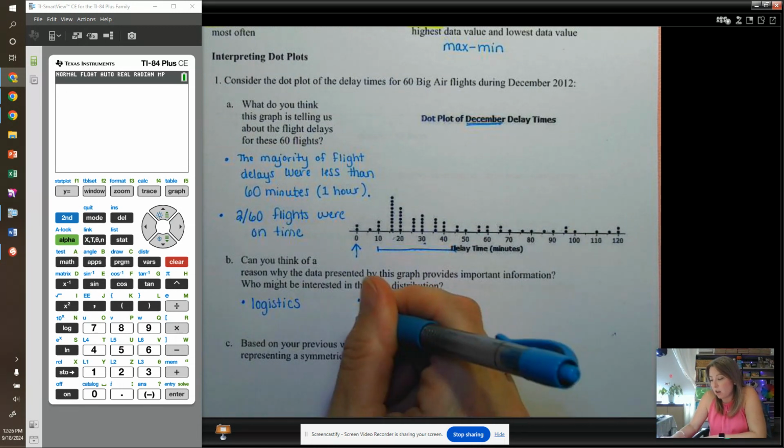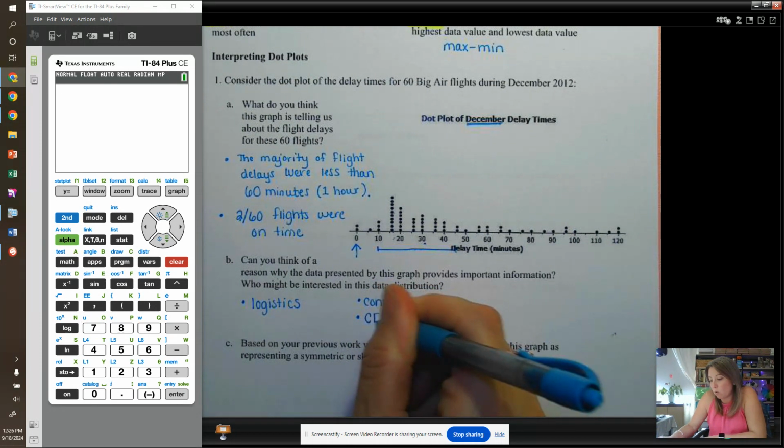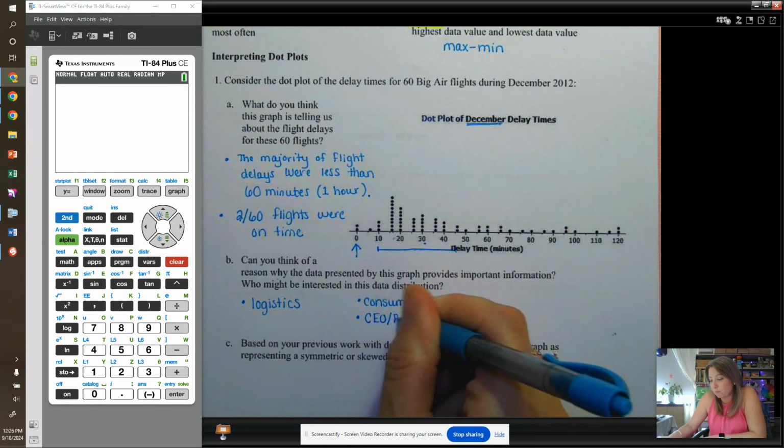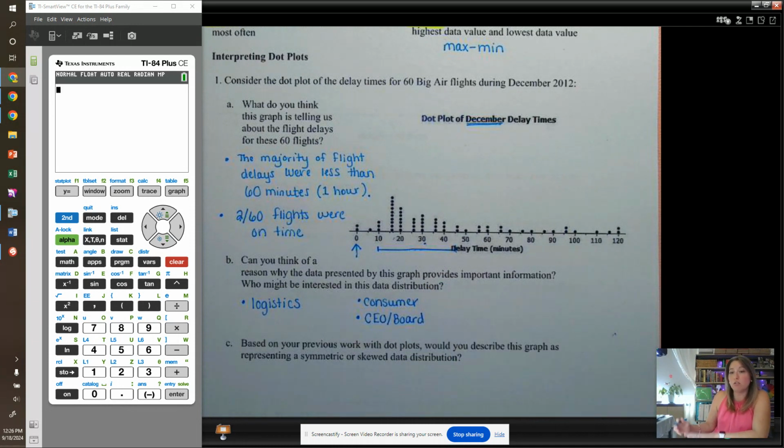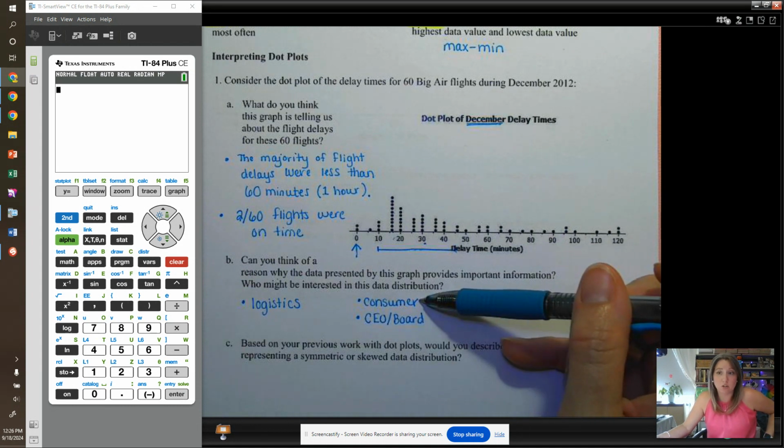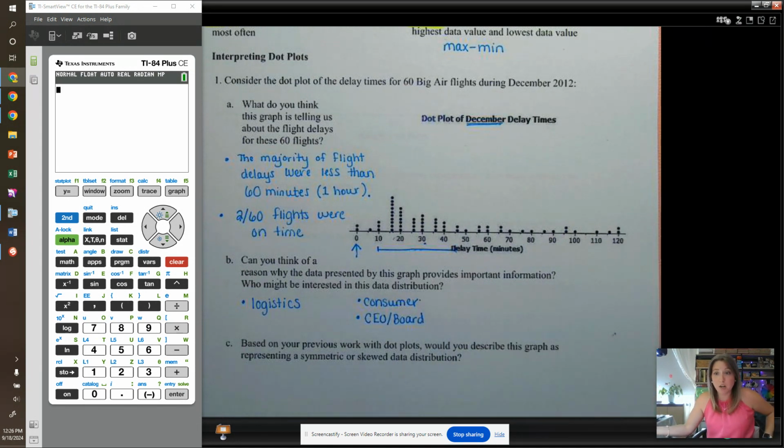If I am the CEO or the board of this company, I want to know how we're doing. And I want to know who's in charge of making sure we don't continue to have this many delays. If this is me, I want to know that we can be relied on and that the consumer is going to purchase our product, because that's how I make money. That's how the board makes money. And so those are people that want to consider this.